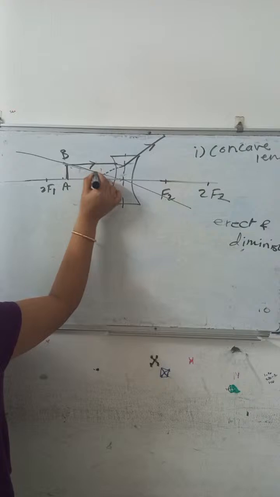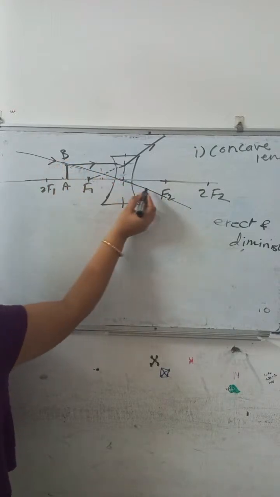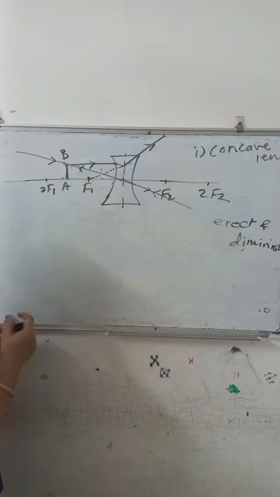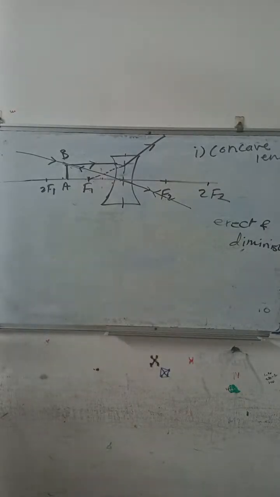Another ray of light from this object you can draw, this is the incident ray. Whenever this is passing through the optical center, it retraces back on the same path. Whenever they are intersecting with each other, from there you can drop a perpendicular.